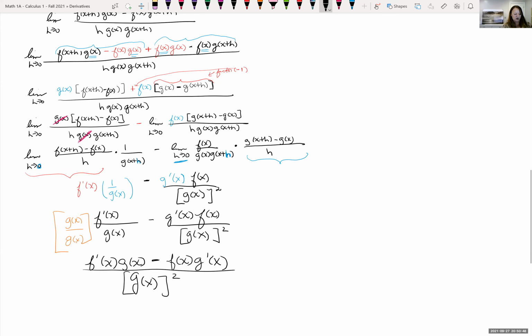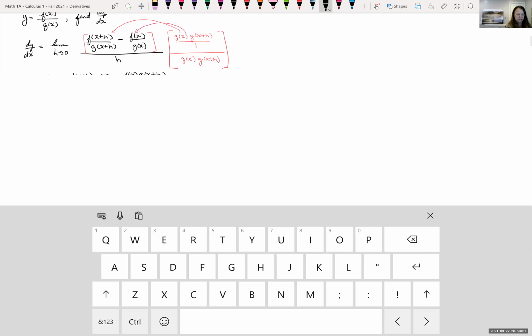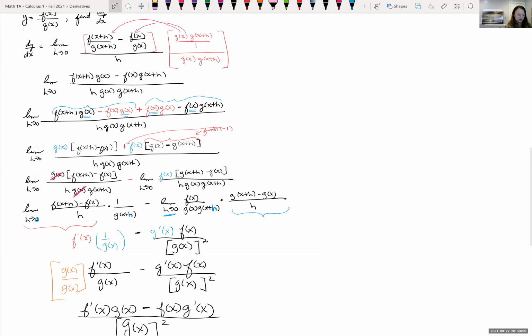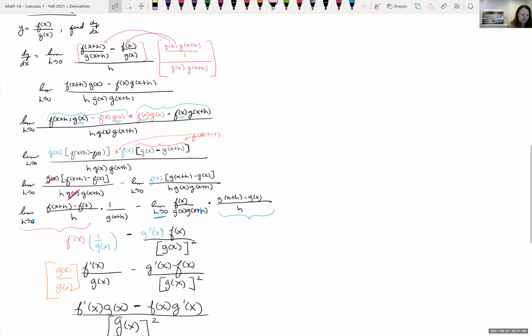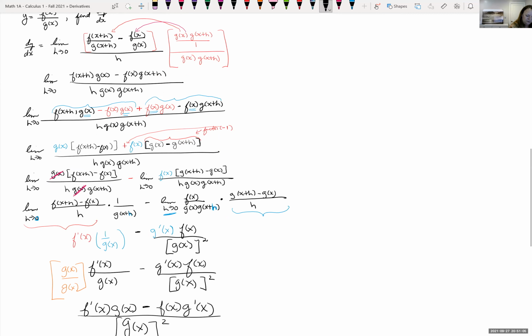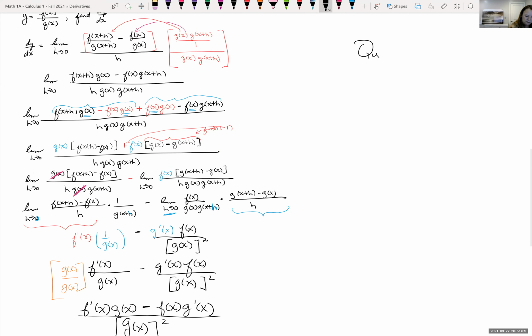So this is our quotient rule. Unfortunately, when we're taking the derivative of a quotient, we cannot look at the derivative of the numerator over the derivative of the denominator. We have to apply this rule. Okay. And let me just write it out.